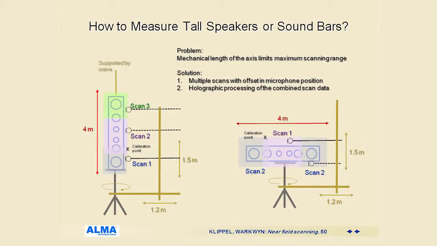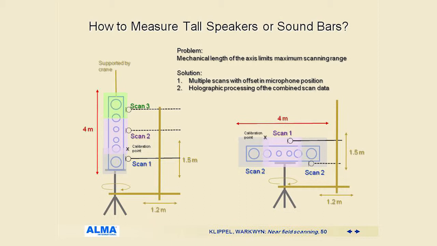So this is how we measure tall speakers and sound bars. We have a very tall speaker. What we'll do is we'll measure it 3 different times. Once in the smaller area at the bottom, the 1.5 meter area, then we'll do it again in the middle, and then we'll do it again at the top.